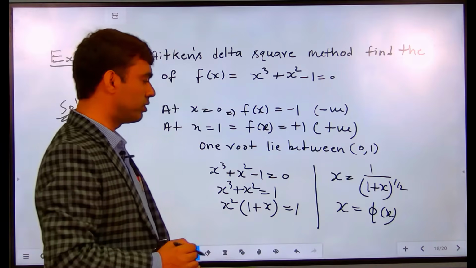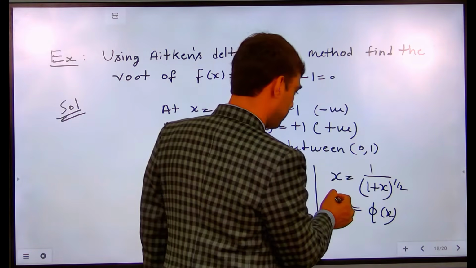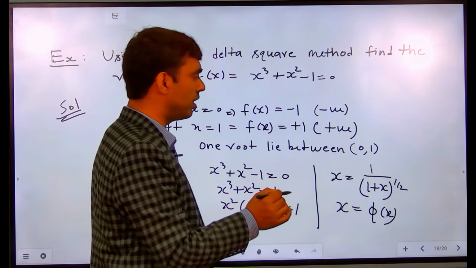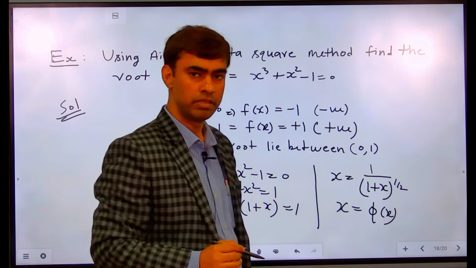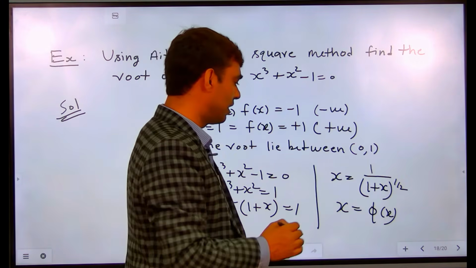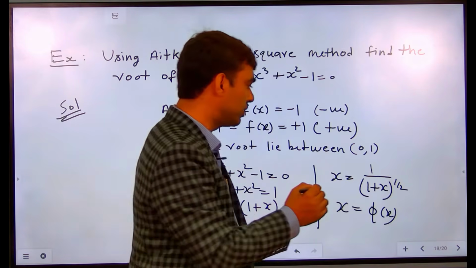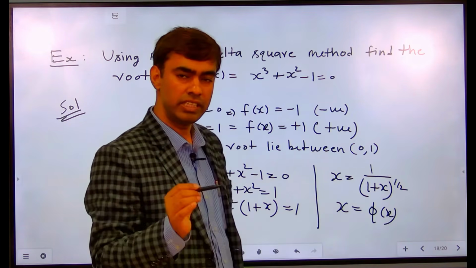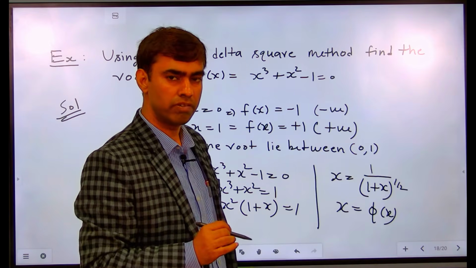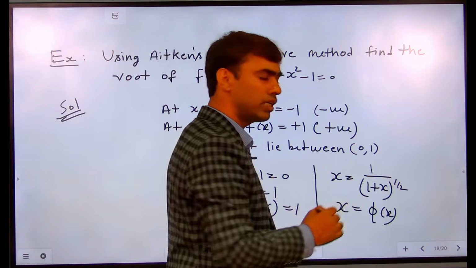Now there is a need to check, for the initial value between 0 and 1, whether this phi x is a correct choice or not. That means, by choosing this phi x, are we able to converge to our actual root alpha which lies between 0 and 1 or not?